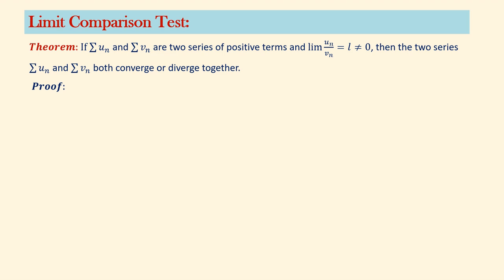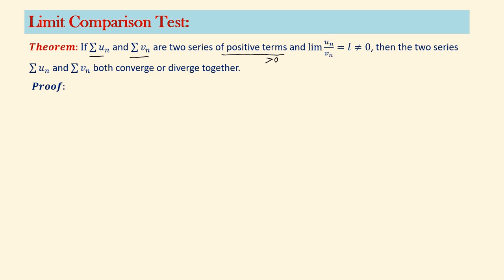Now we are ready to prove limit comparison test. If summation un and summation vn are two series of positive terms, means all are greater than 0. Zero should not be included in any of the terms because we are calculating un by vn here.